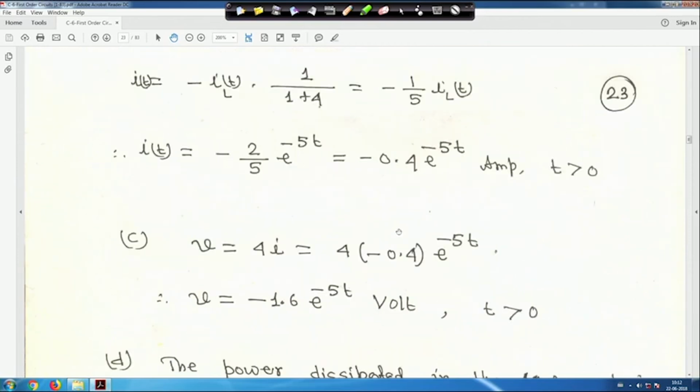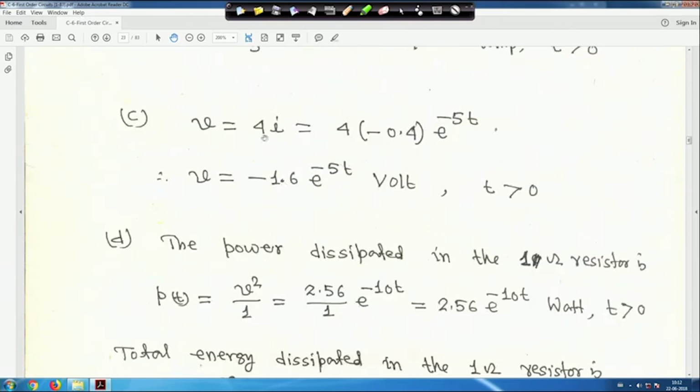Now V is equal to 4I, because the 4 ohm resistance is there. Across the 4 ohm resistance the voltage is V equal to 4I, so 4 into minus 0.4 e to the power minus 5 t. So V is equal to minus 1.6 e to the power minus 5 t volt for t greater than 0, right.